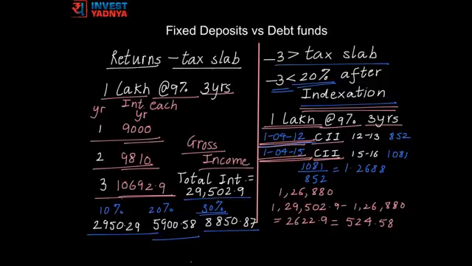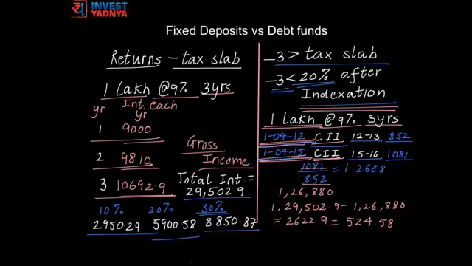For that financial year, that is 2012-13, the cost inflation index was 852. And when we redeemed our investments, that is 1st of April 2015, the cost inflation index for the financial year 2015-16 was 1081.